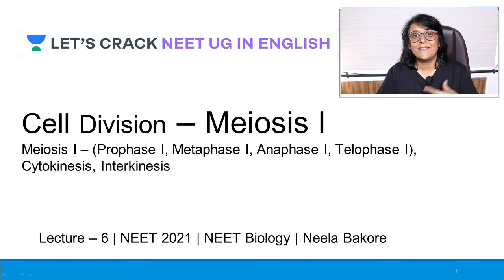To make our life simple and to remember which stage is what, we have numbered them. Every stage in meiosis I has Roman I in front of it, and for meiosis II we write II, like prophase I, prophase II, and so on. So it is less confusing for us.